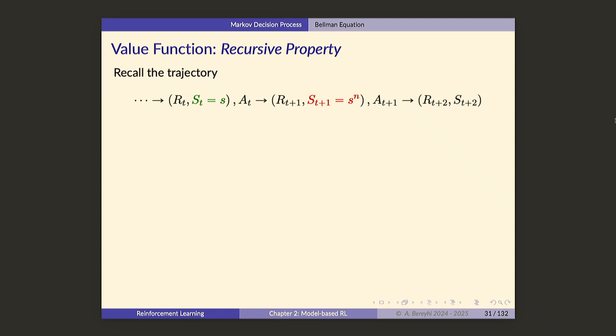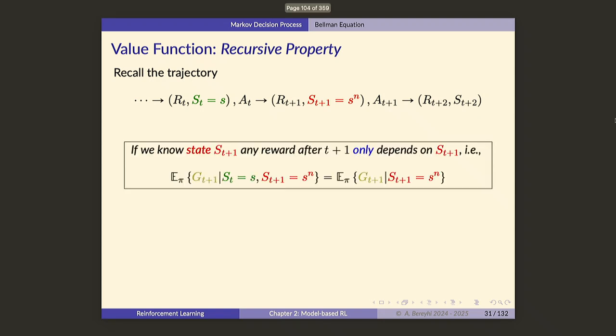An MDP is just explained with the last guy in the chain. So the expectation of the future return, given that the state at time t is S and the state at time t plus 1 is Sn, is eventually this term. So I can get rid of the time t. I already know time t plus 1, no need to chain.